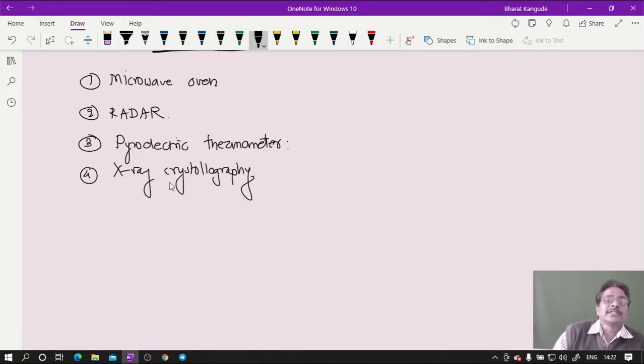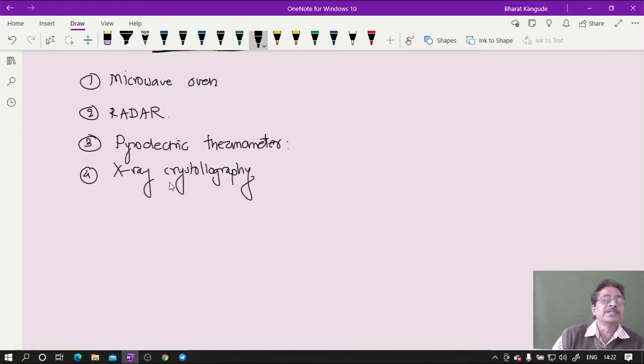So using X-rays we can measure or detect the type of crystals, BCC, FCC, body centered cubic, face centered cubic, simple cubic, or any other. These types of shapes and their sizes and their intermolecular distances can be measured very nicely when these X-ray spectroscopy techniques are used. This is the fourth application we are going to discuss.